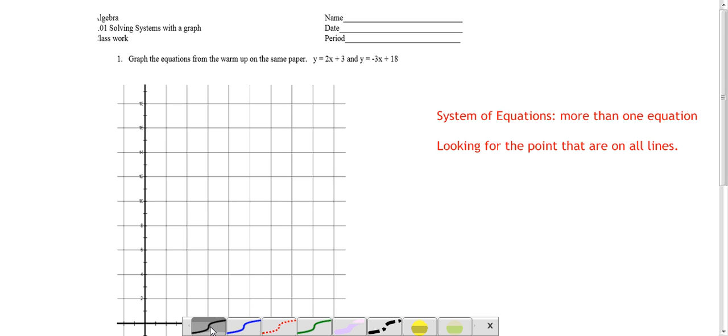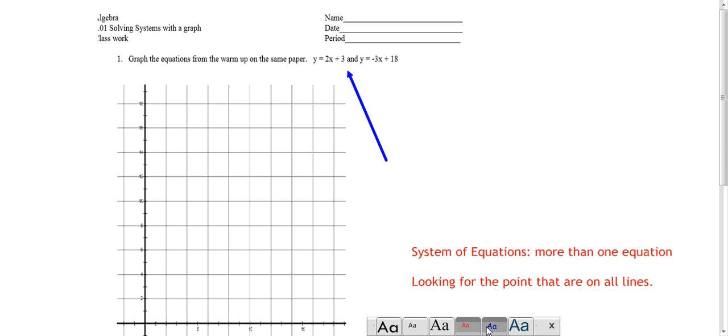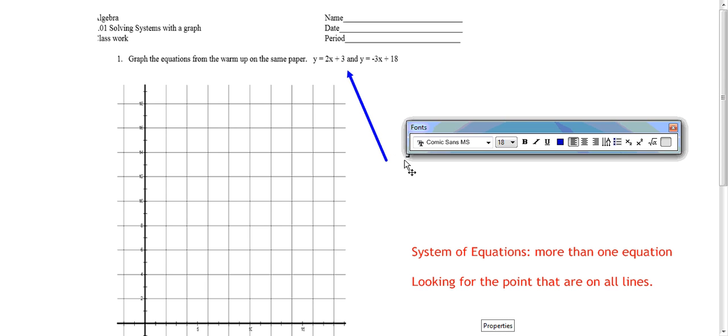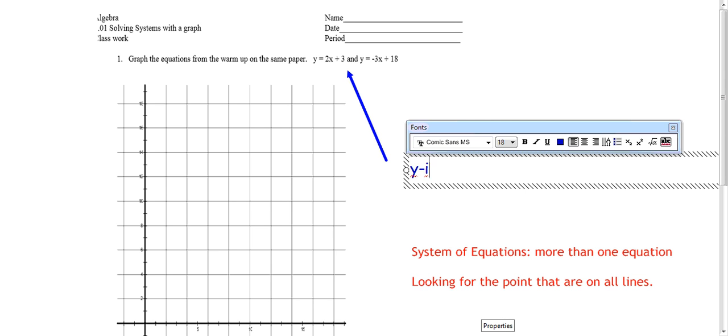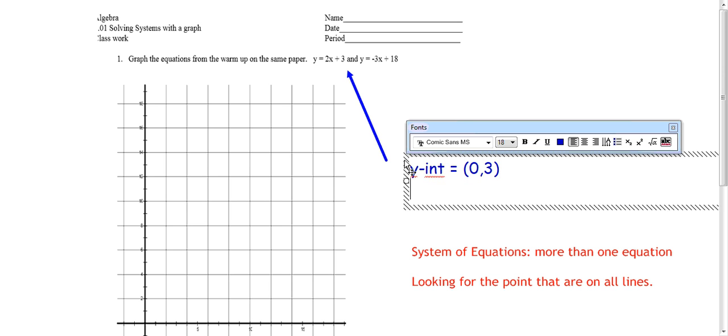So what you need to do first of all, notice that for this first equation, you've got a y-intercept of (0, 3), and a slope that is equal to 2 over 1.